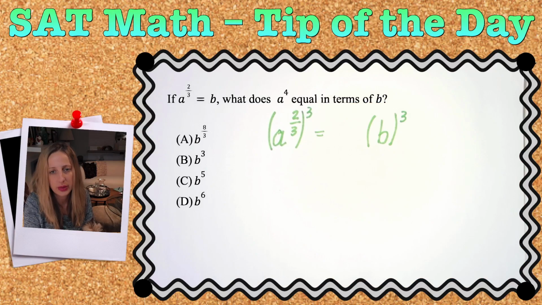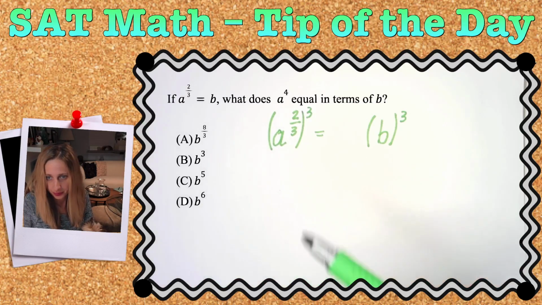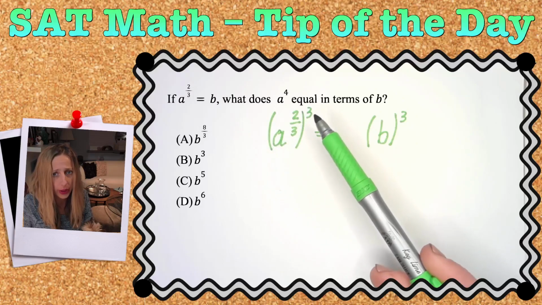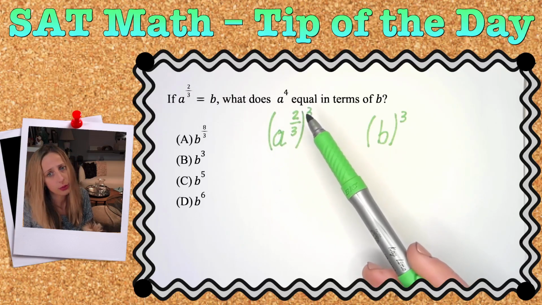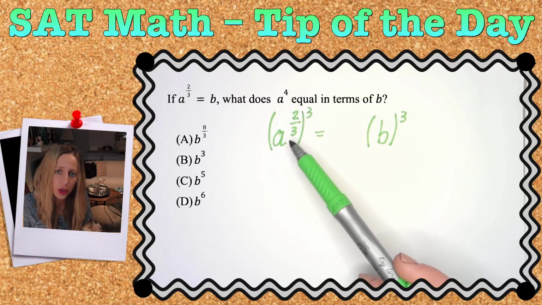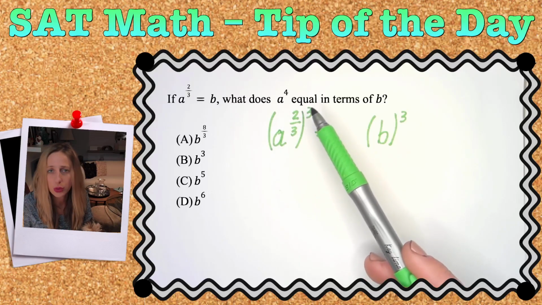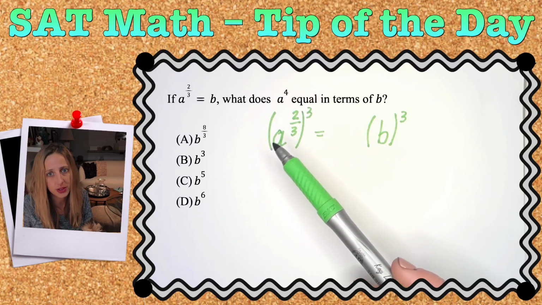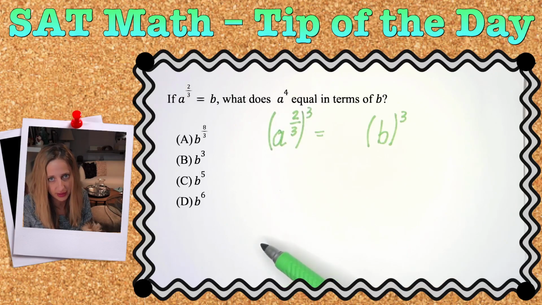Now, why am I going to do that? Well, it comes in really handy if you know the rule for power of a power. When you raise something to a power and then raise that to a power on the outside of parentheses like this, the rule is for your exponents that you're going to do multiplication. Now, please don't be a person that tells me 6/3 for the next step.